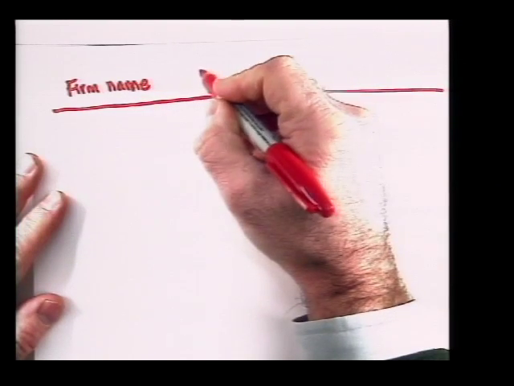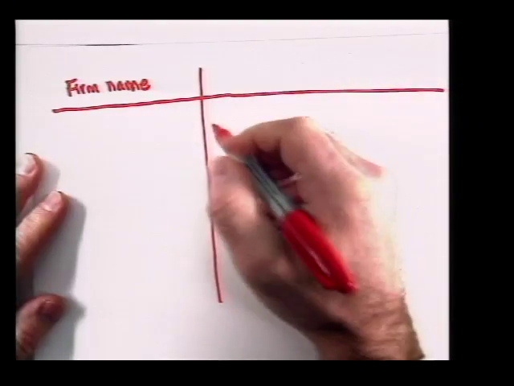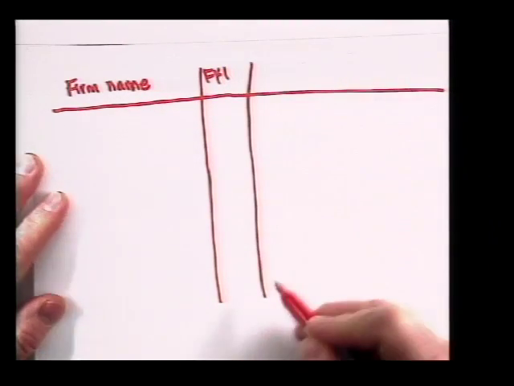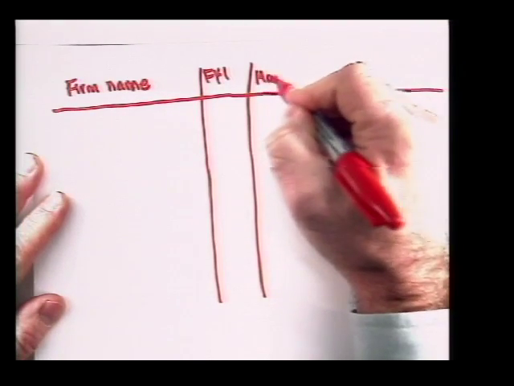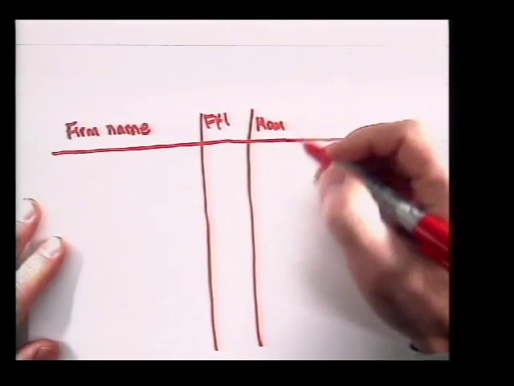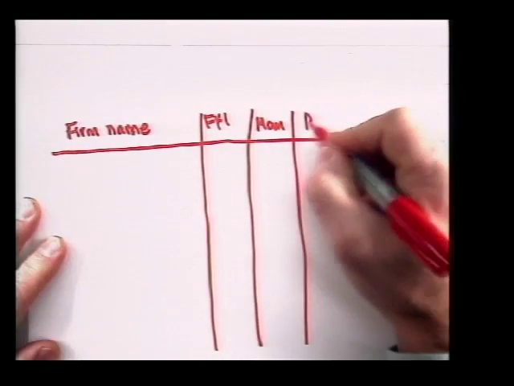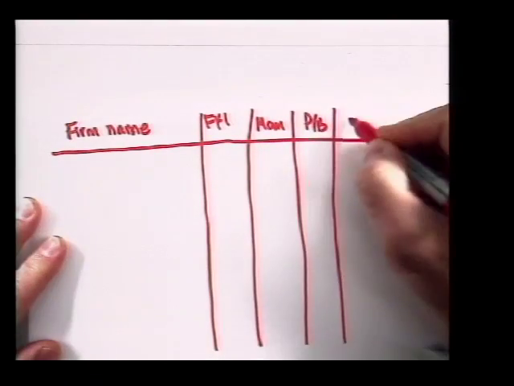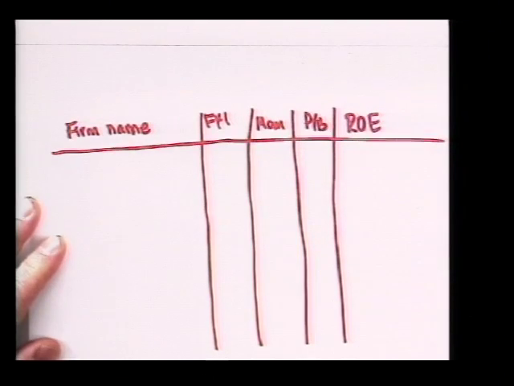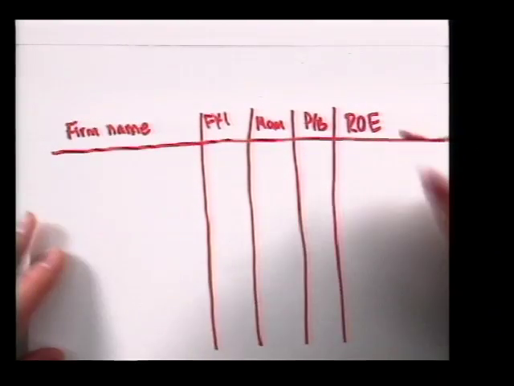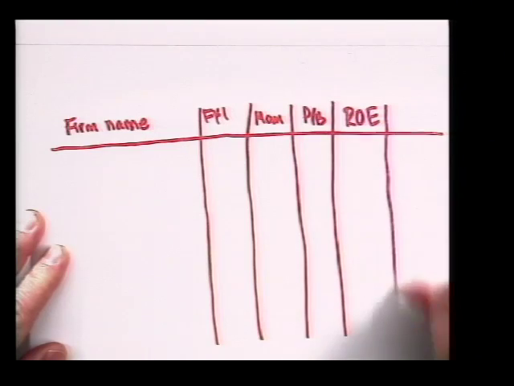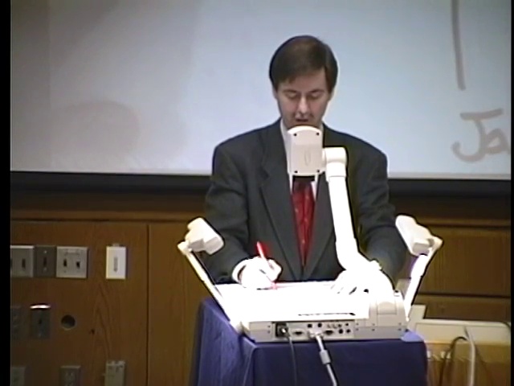And then I've got columns for FY1, momentum, price to book, ROE. Okay, and this is for January 31st, 2001.